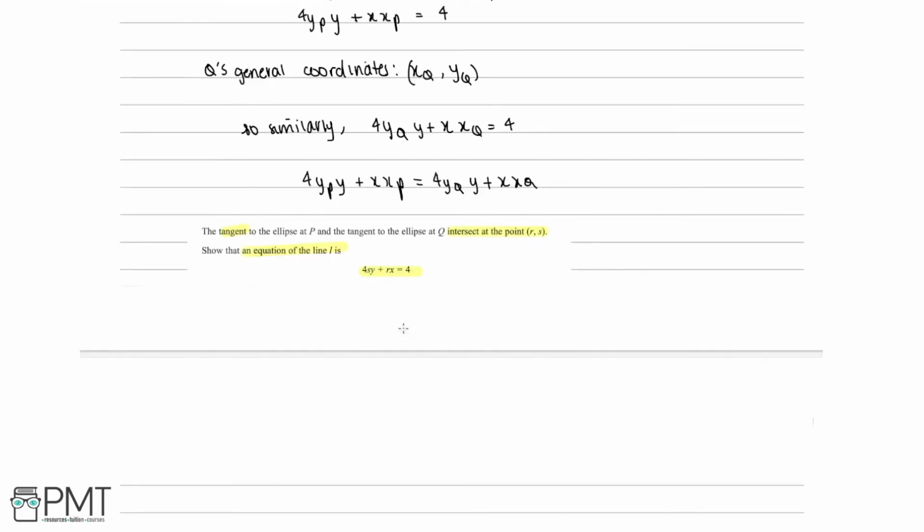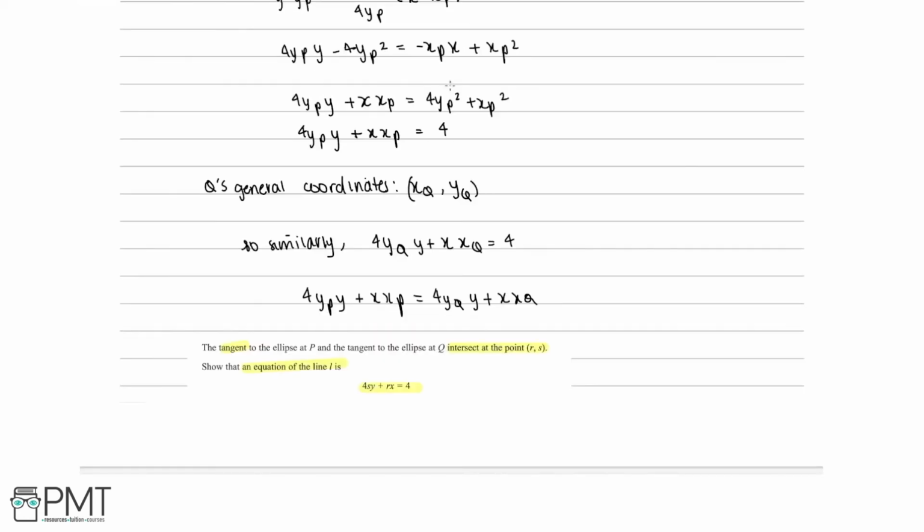Now, let's recall this information over here. We have the tangent to the ellipse at P and the tangent to the ellipse at Q intersect at the point RS. Well, these two equations are the equations of our tangents at the point P and the point Q. So thus we know that these equations must be satisfied at the point RS.